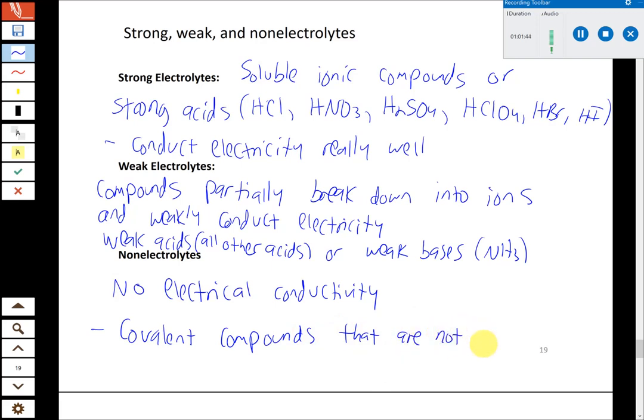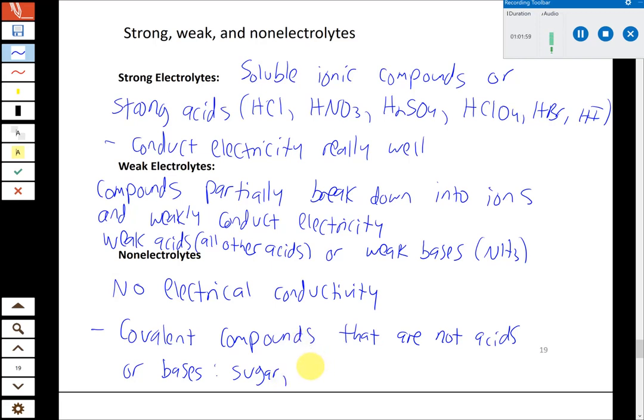All right, and there's a lot of things that could fall into this category. The two most common that we'll see in this course would be things like sugar, so sucrose, glucose, things like that. Those are all non-electrolytes when you dissolve them in water.